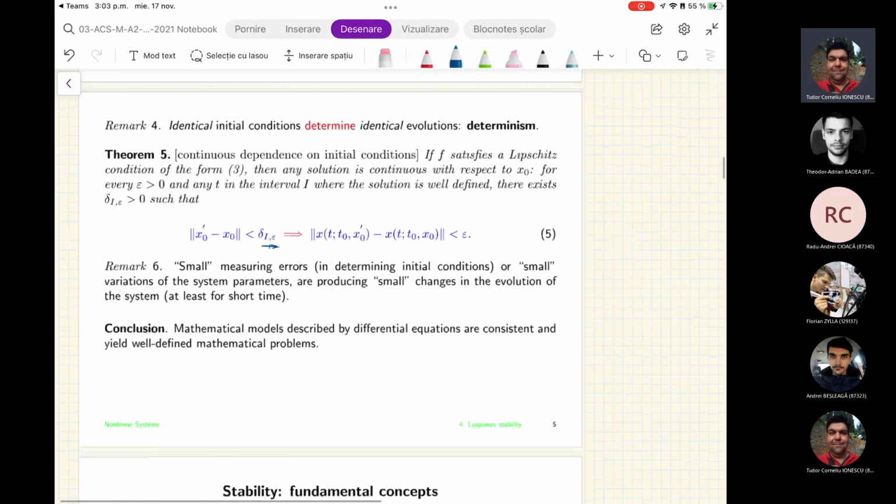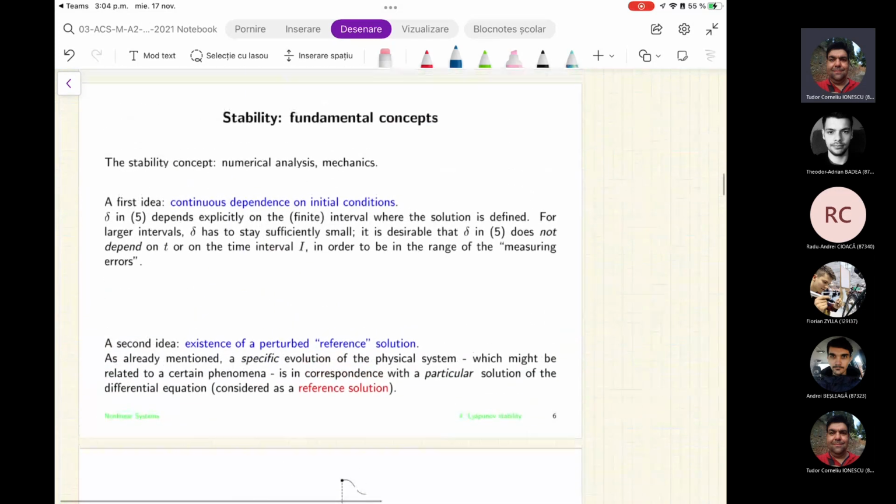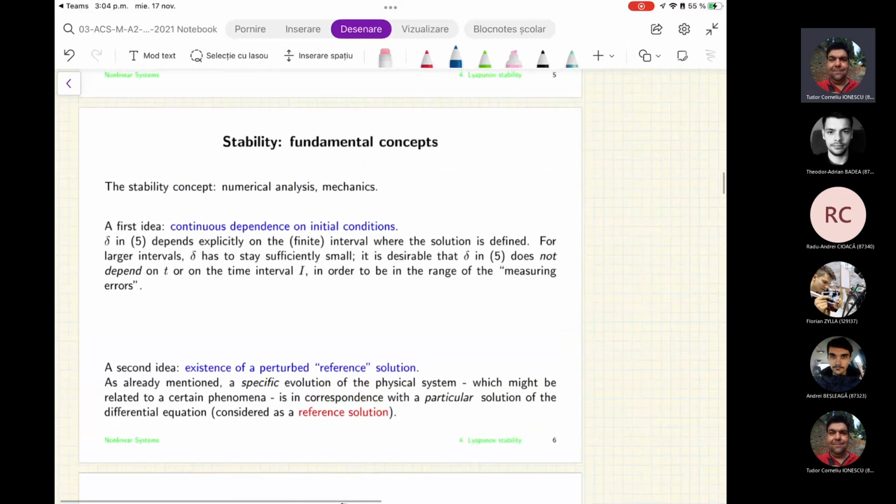It's expressed here, okay? That's why it's called delta index I epsilon. For larger intervals, delta has to stay sufficiently small. Hence, the delta in 5 does not depend on time, okay?